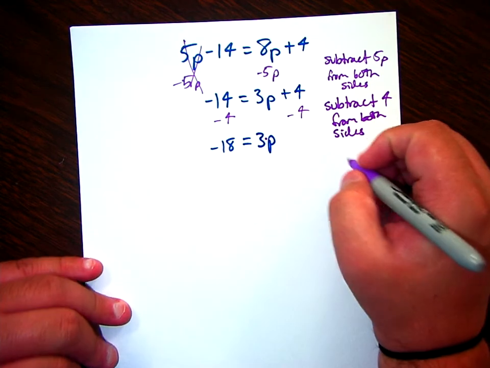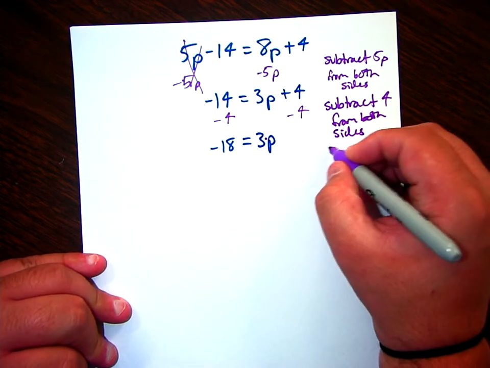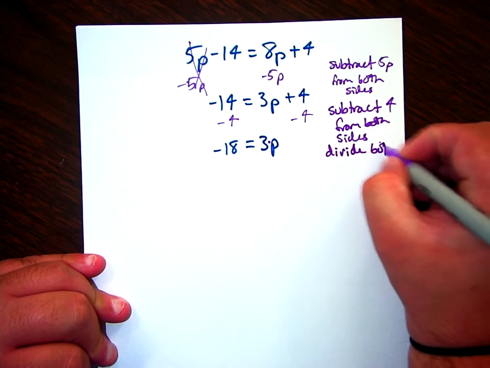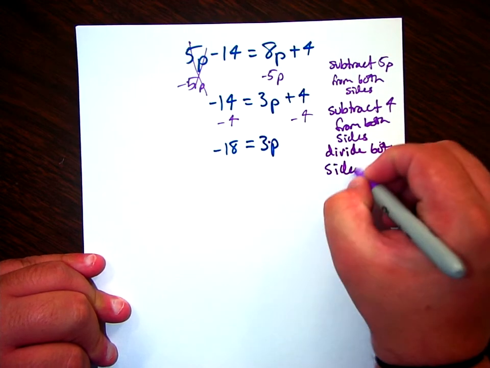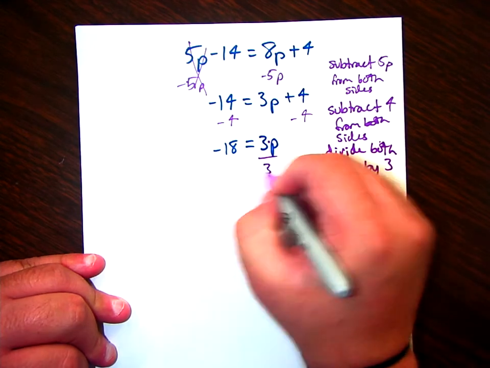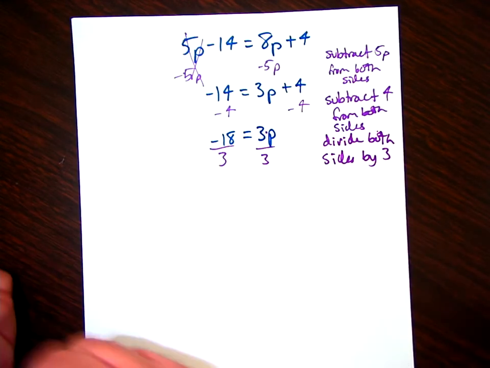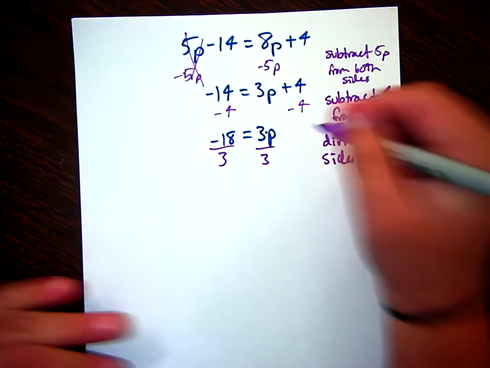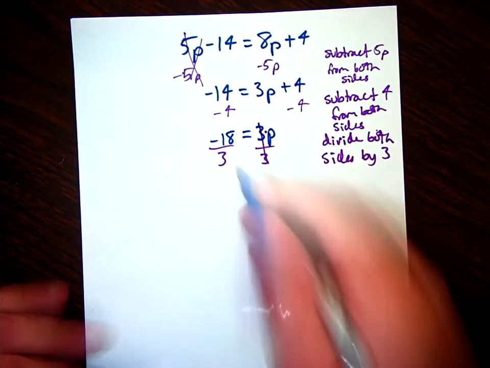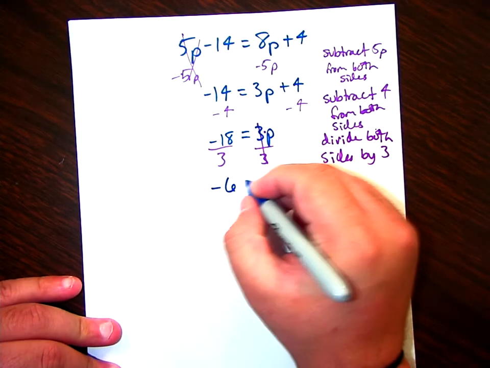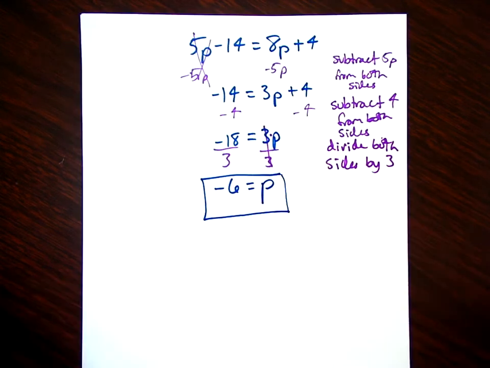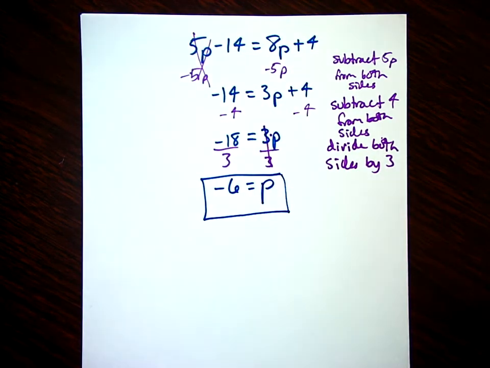Now I want to do the inverse or opposite of that, so I'm going to divide both sides by 3. Once we do that, these 3's will cancel out. Negative 18 divided by 3 is going to be negative 6. And on the right, we just have p left. So there's our answer. Negative 6 equals p.